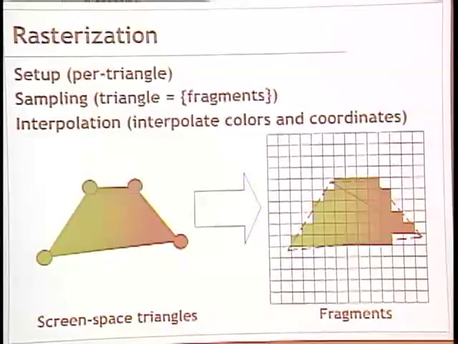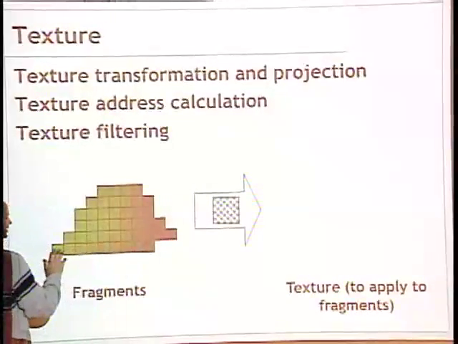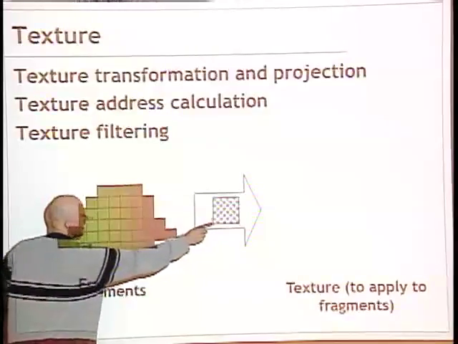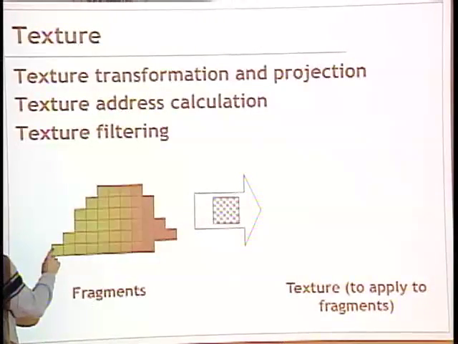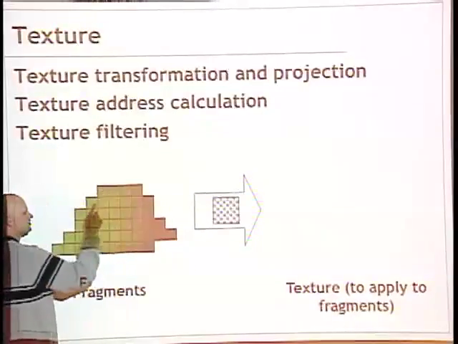Okay. Next part is texturing. So we're saying, okay, now we have these cool interpolated color fragments here. We want to apply this checkerboard texture to them. Okay, so now what we have to figure out is, what are the coordinates of this texture? When specified here, we could say, okay, that corner corresponds to this vertex. That corner corresponds to this vertex. That corner corresponds to this vertex.